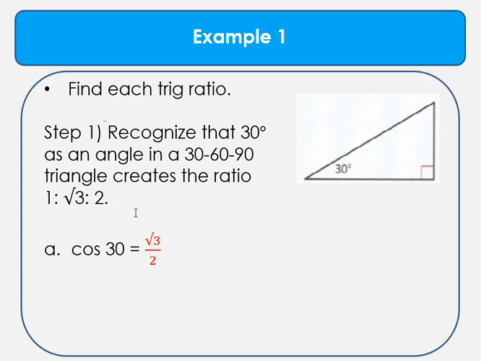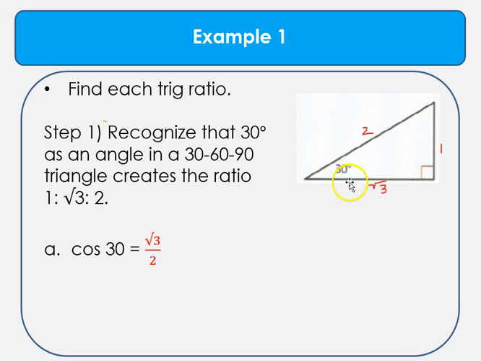So let's go ahead and draw those in there on the triangle, and the square root of 3 will be your long side, 1 is your short leg, and your hypotenuse will be the short leg times 2. So there we have our ratios. And we can use these ratios to solve angles.